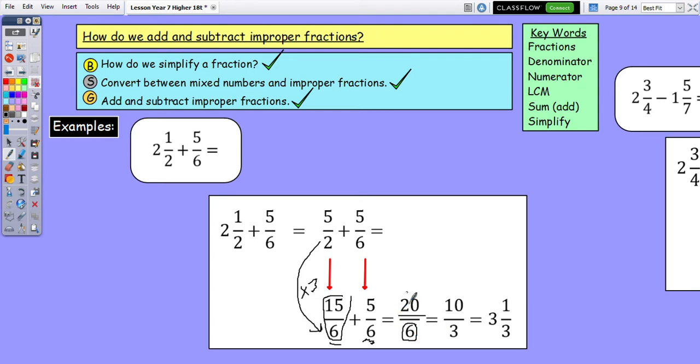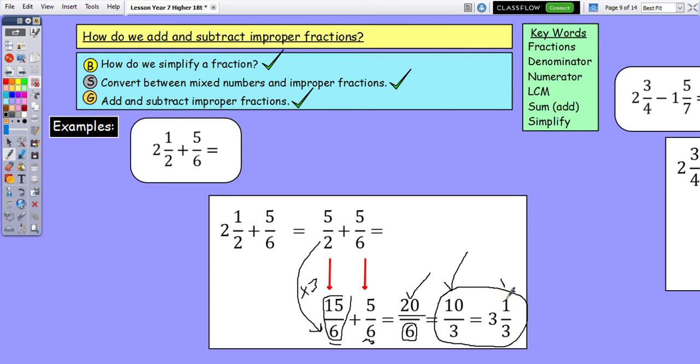Okay, now this is the correct answer, but I've been a bit smart and I've gone 2 steps further. Can you see what I've done? Good. I've simplified the fraction first. In other words, I've divided top and bottom by 2 to get 10 over 3, and then I've created a mixed number. 3's into 10 goes 3, remainder 1 over 3.